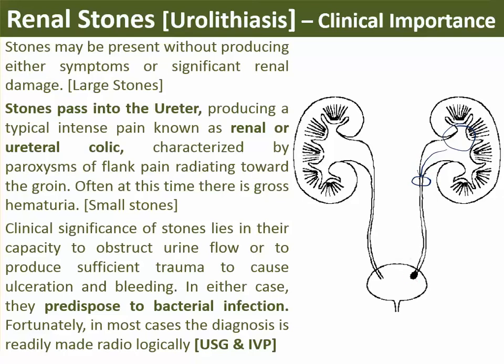When it gets obstructed, it creates severe pain, that is called ureteric colic. It is like a paroxysmal pain. Paroxysmal pain means it appears all of a sudden. It starts from the flank and radiates towards the groin. That is the most characteristic pain, colicky and paroxysmal.